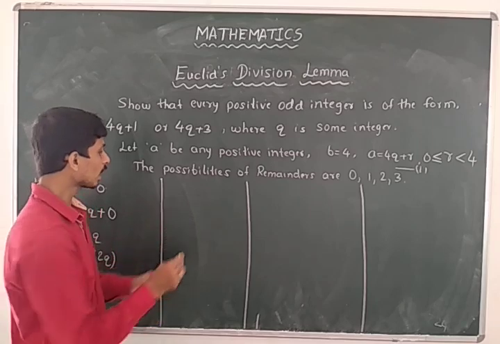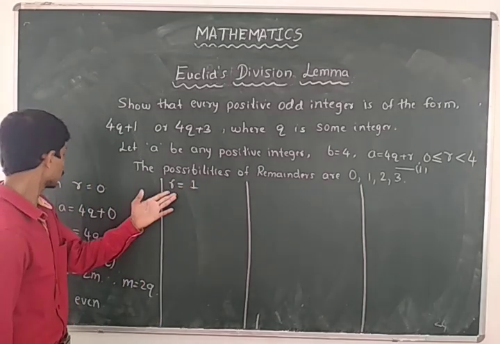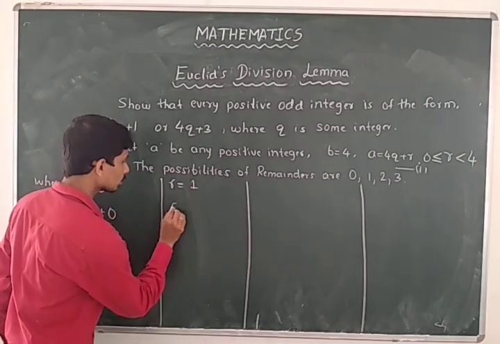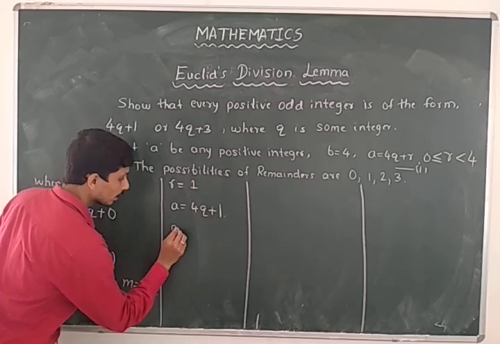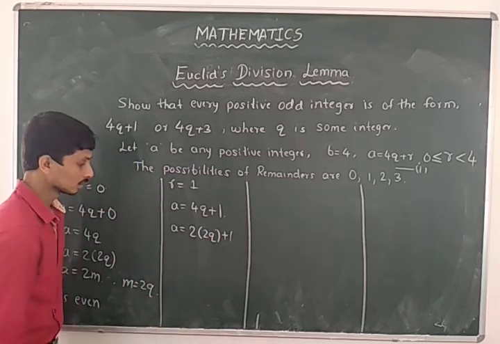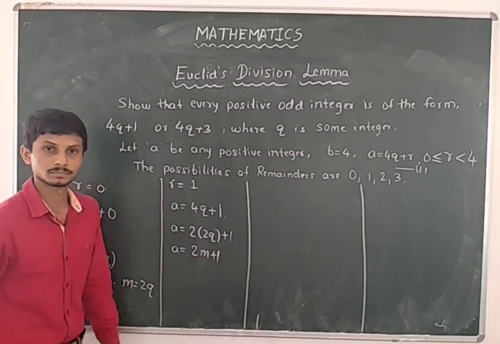So let us consider r is equal to 1. When r is equal to 1, what happens to equation 1? a is equal to 4q plus 1, which is a equal to 2 into 2q plus 1. So a is equal to 2m plus 1.